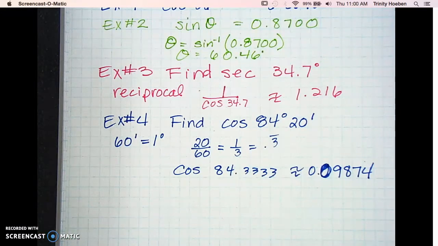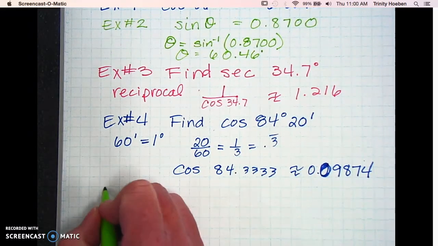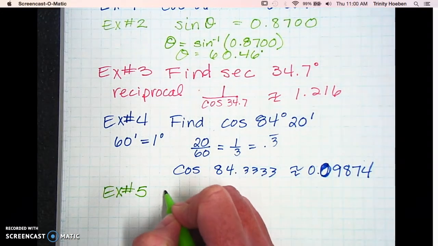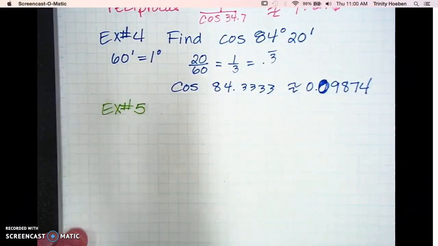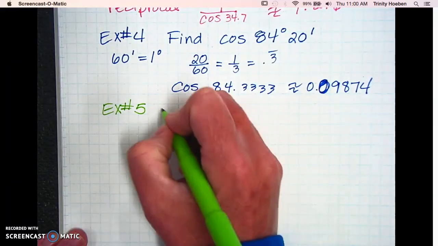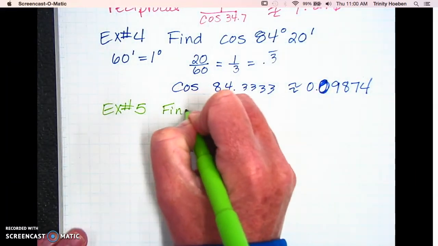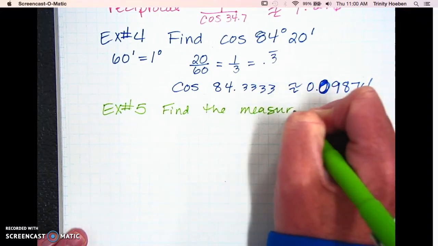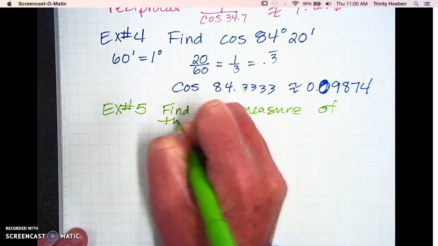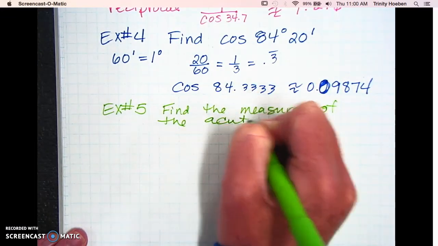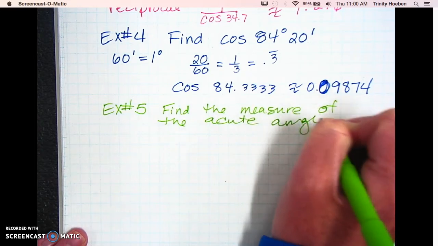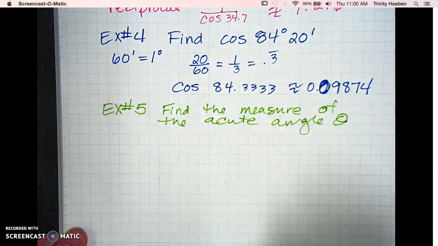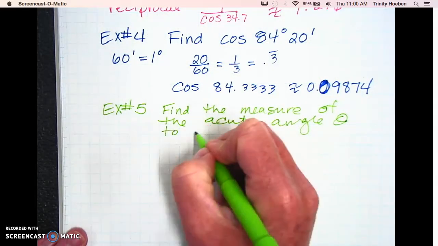All right, example number 5. The directions are going to say something like the following: find the measure of the acute angle, and it's going to be some Greek letter, probably theta, but it could be any of those other ones we saw, to the nearest tenth.